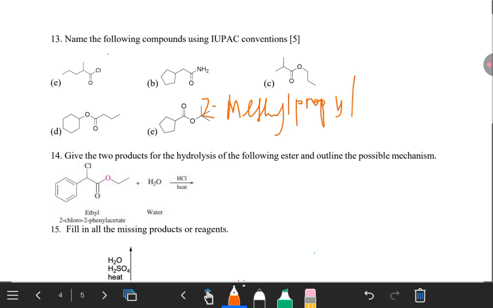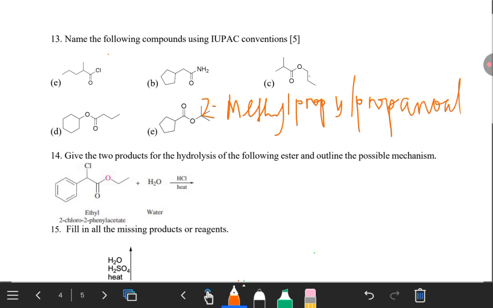Then this group here, which is this side, is the group which has a carboxylic acid. Then this is the group which has an alcohol. So 2 methyl propyl. Then this side 1, 2, 3. So it will be propanoate.